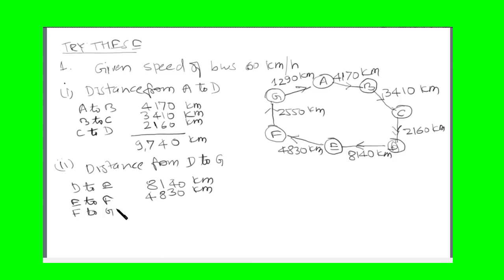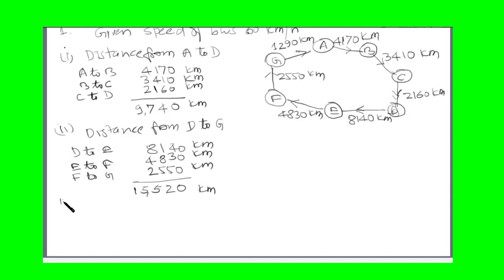F to G, 2,550 kilometer. And their sum is 15,520 kilometer.